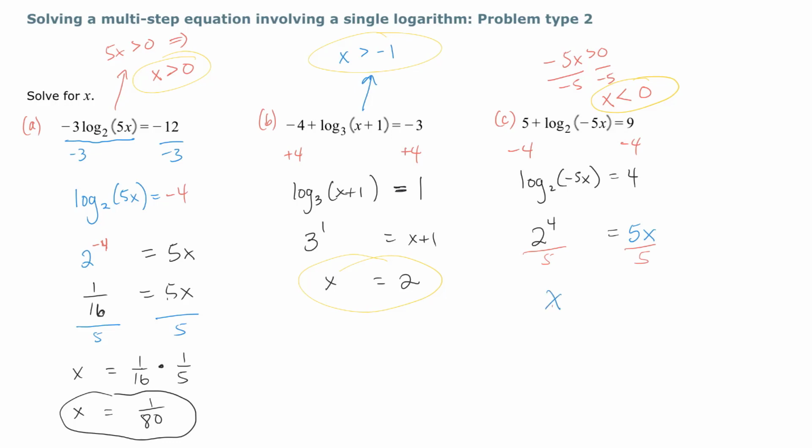Let's find x. x is now equal to 16 over 5. And is that less than 0? And the answer is no. Not a chance. 16 over 5 is not less than 0. So what is our conclusion? No solution.